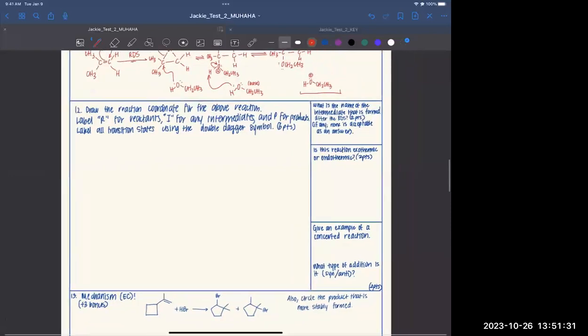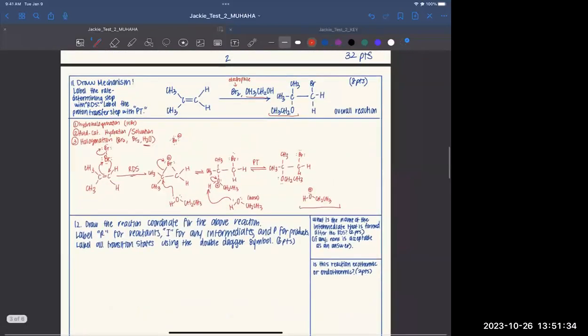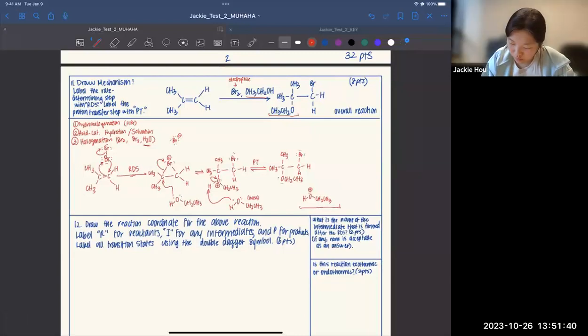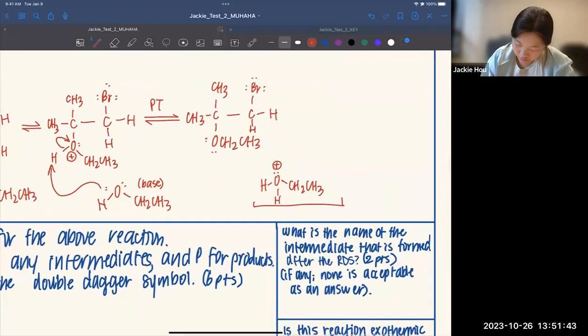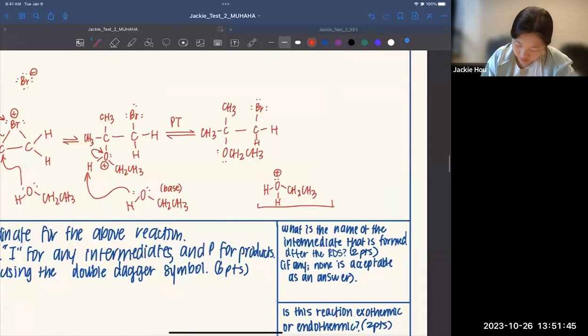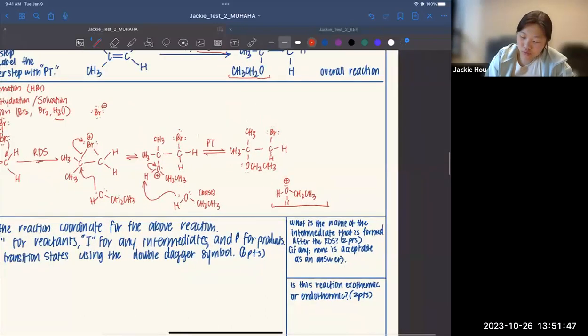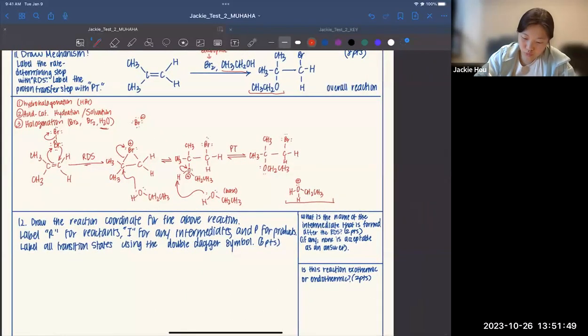Sorry, for the last one, when you draw that little extra thing, does it matter if it's a plus sign with it, or can we just stick it in there? Well, oh, sorry, there should be another hydrogen over here. That makes it plus. Yeah, because you want to follow through with your last step. This step takes another hydrogen over here, so you want to follow through and show that it still has that proton.